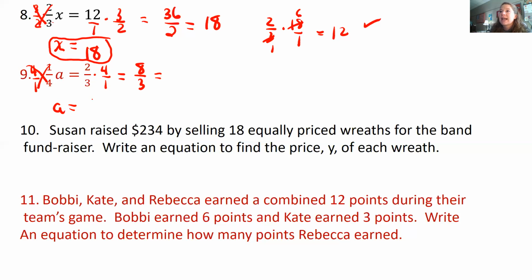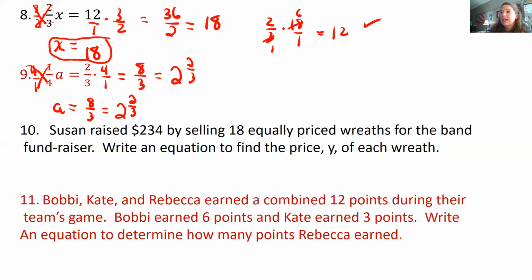I could leave it as 8/3, or I could turn it into a mixed number. 3 goes into 8 2 times with 2 left over. So 8/3 is the same thing as 2 2/3. Or if you would turn it into a decimal, you would get 2.66666.